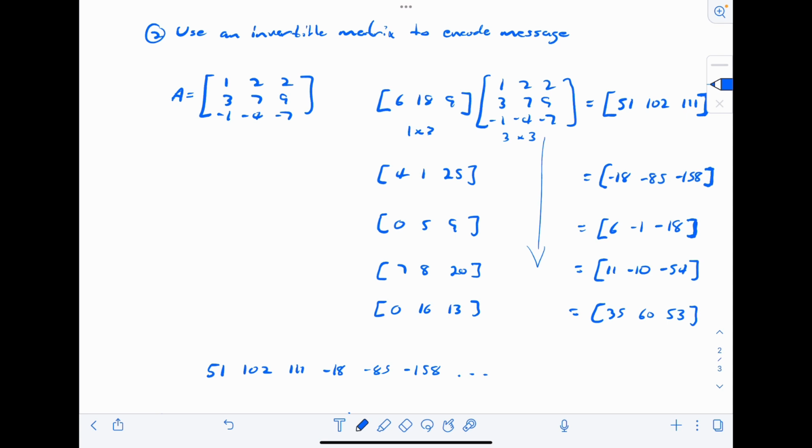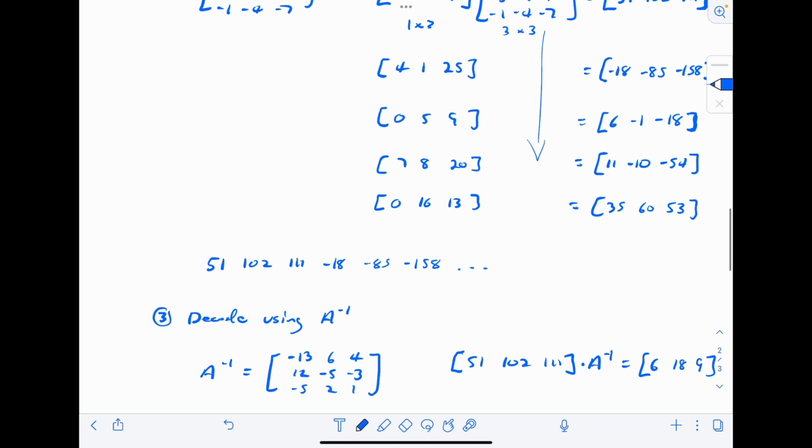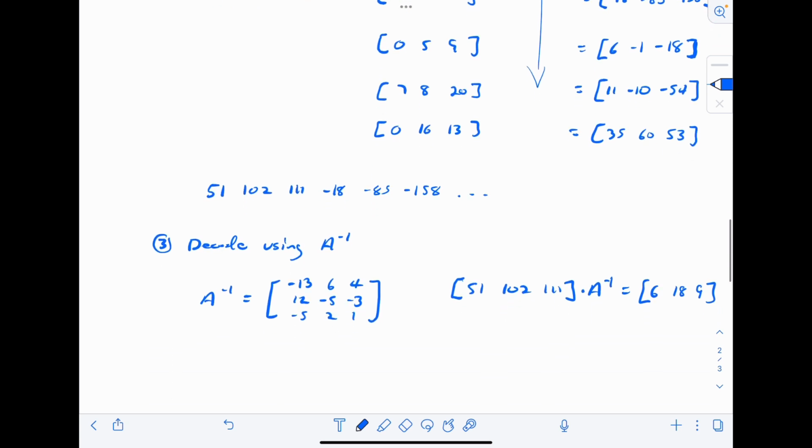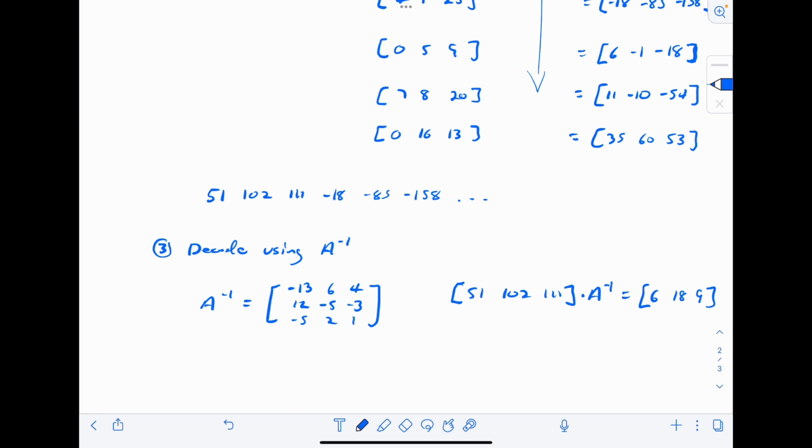But you can imagine the complexities that we can put on top of this to make it even more secure and even more difficult to break. So that's how we can use matrices to create coded messages to use in cryptography like this.